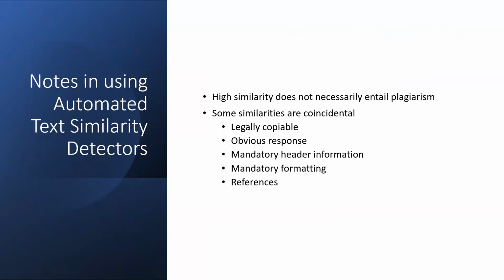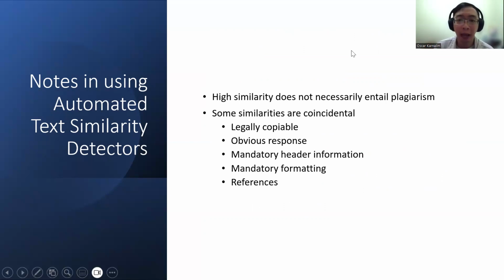There are several notes in using automated text similarity detectors. The first one, the most obvious one, is that high similarity does not necessarily entail plagiarism. But I know that some people just try to generalize it to make it easier.